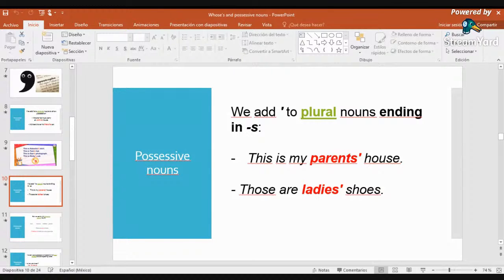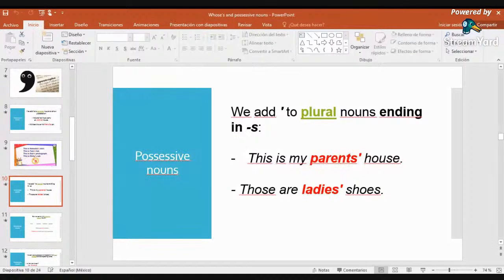When we have plurals, most of the time the plural goes with S at the end, like in this case, parents, ladies, okay? So in this case, we only add an apostrophe, and that's it. And with that apostrophe after the S, we are indicating that it's a possessive, okay? In this case, this is my parents' house.